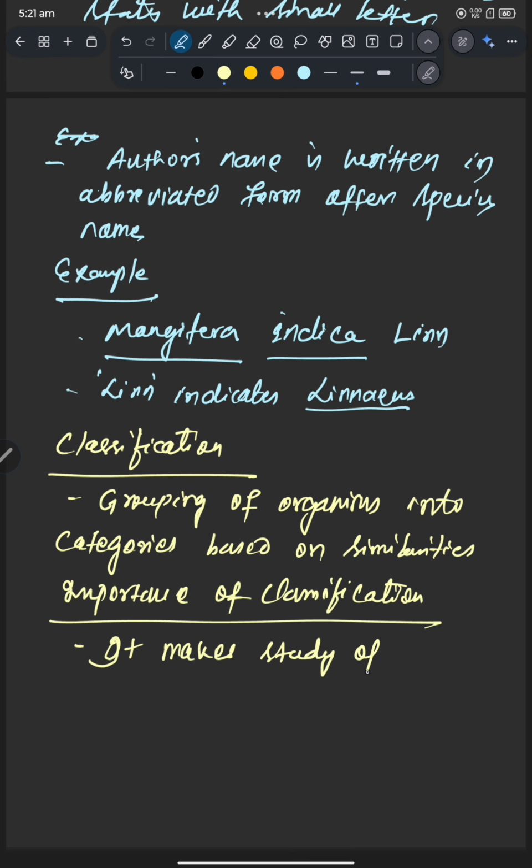First point, it makes the study of millions of organisms easier.